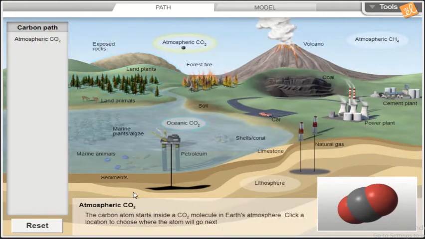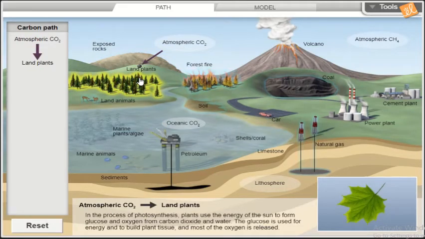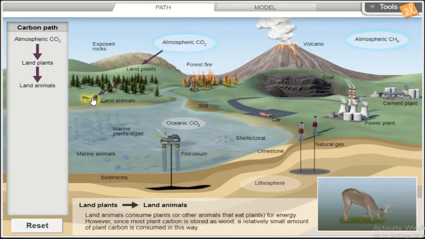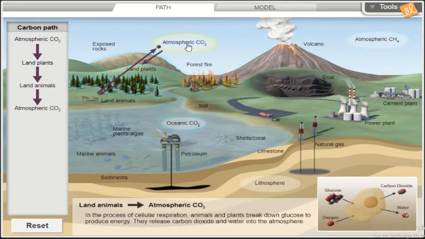The carbon atom, carbon starts inside a CO2 molecule, inside the carbon dioxide in the air. So in here, the carbon dioxide is in the air. This carbon dioxide is taken in by the plants to produce sugar, and when they go through the food making process, plants release oxygen. Living things absorb or breathe in oxygen, and they release carbon dioxide.